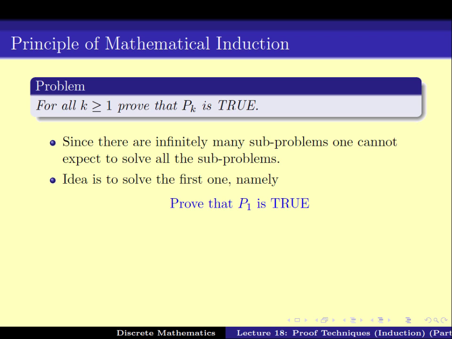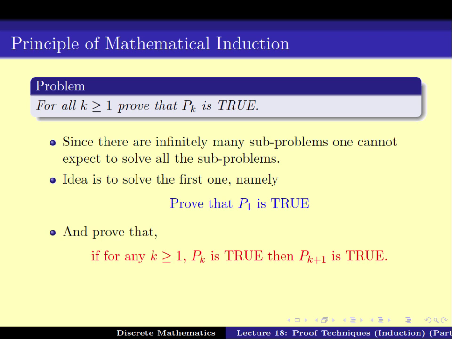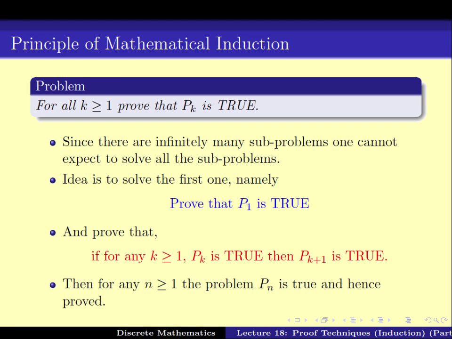The idea is simple. First prove that P1 is true, then prove that if for some k, Pk is true, then using that, Pk plus 1 is true. If we can prove that, then Pn is true for all n.